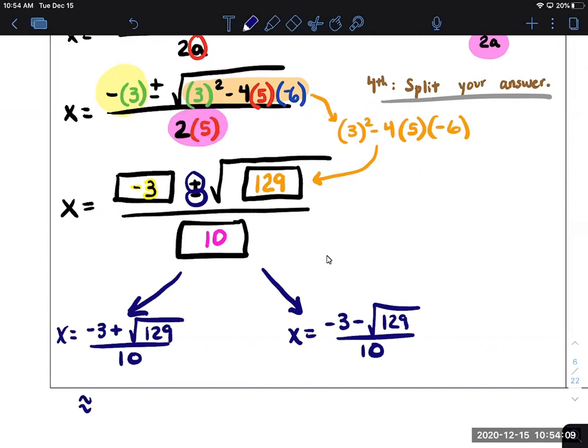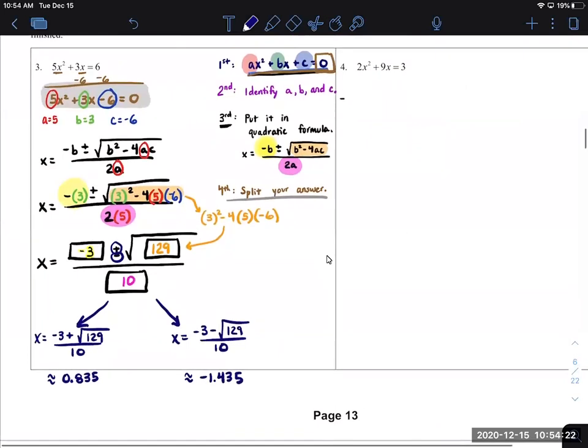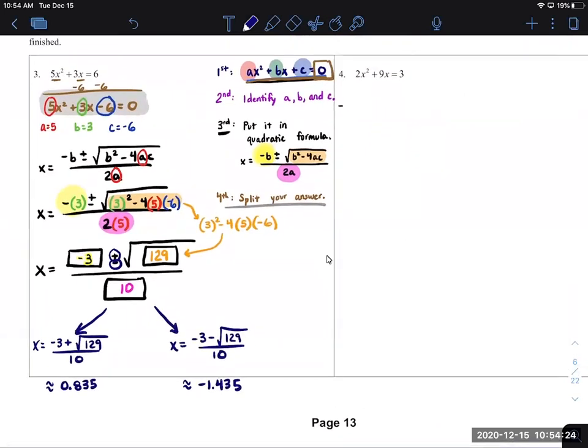You should put those in Desmos, and when you do, you get your approximate answer. And that takes care of our third problem.